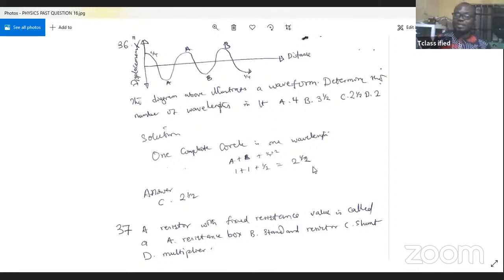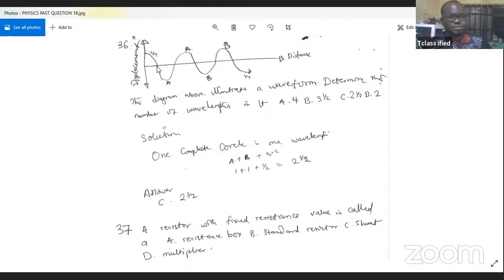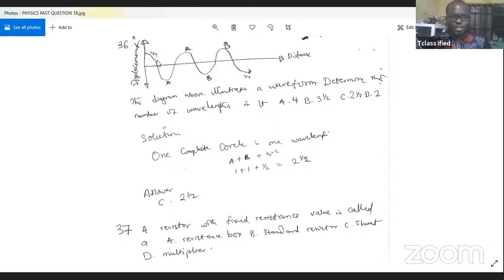So one complete circle equals one wavelength. Sorry, please, what is the difference between the quarter and the half? This quarter looks like the half. Okay, actually, this is a quarter. Half is one full curve like this. Can you see this point? This is half. And this is another half.